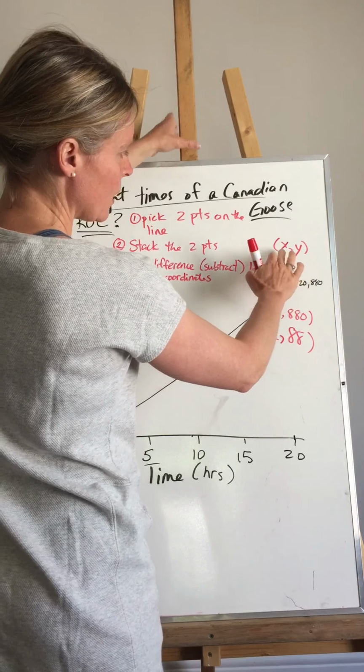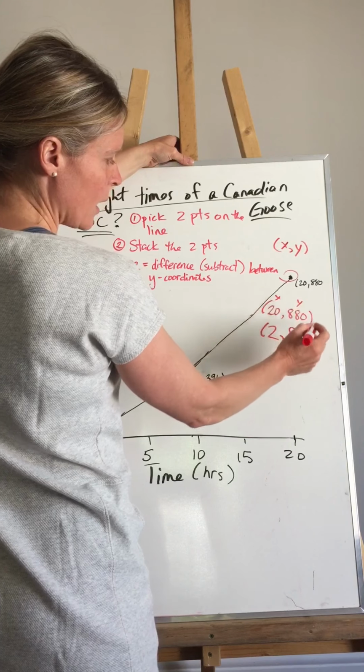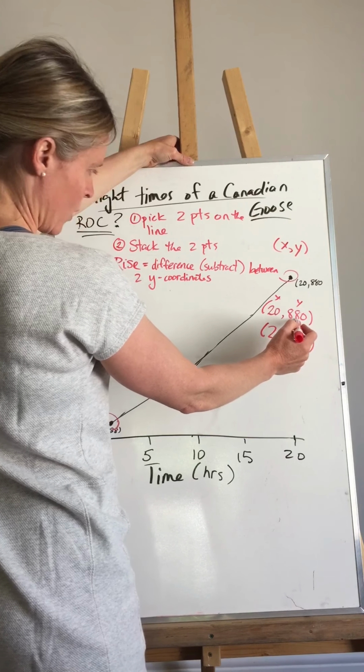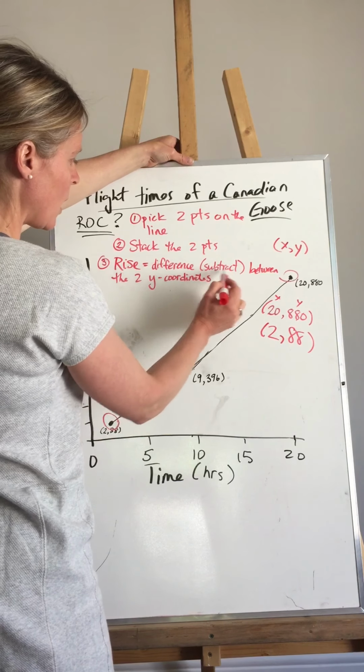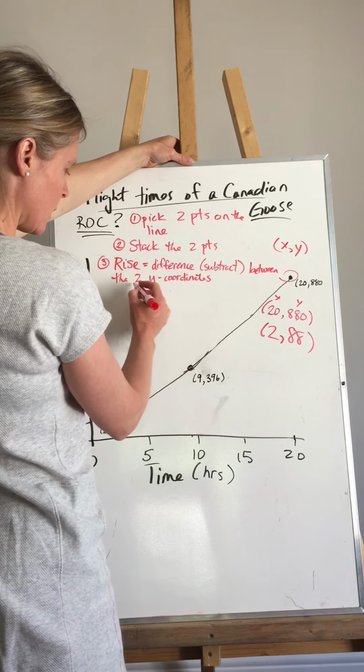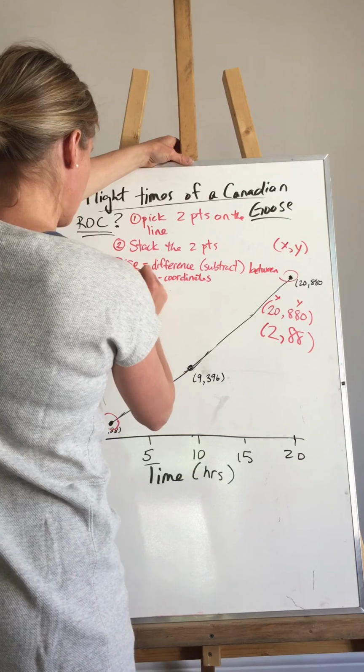Okay, so each point is an x coordinate and a y coordinate. So if this is x, this is y, this is your y coordinate for one of your points, and this is the y coordinate for another point. Okay, so your rise, you're going to subtract the two coordinates.